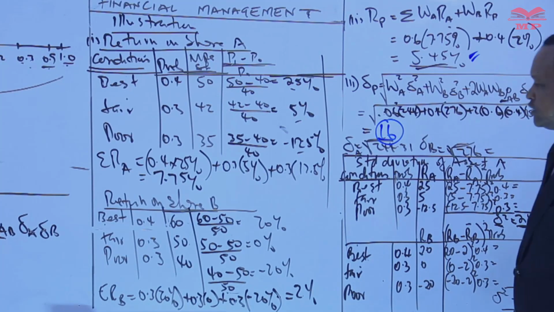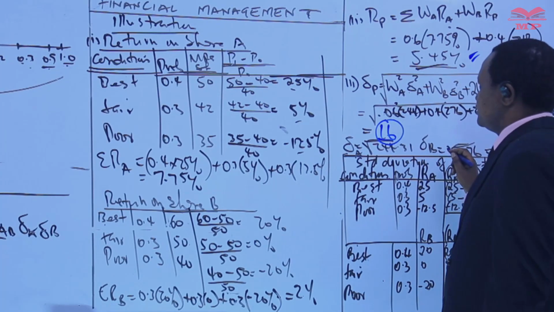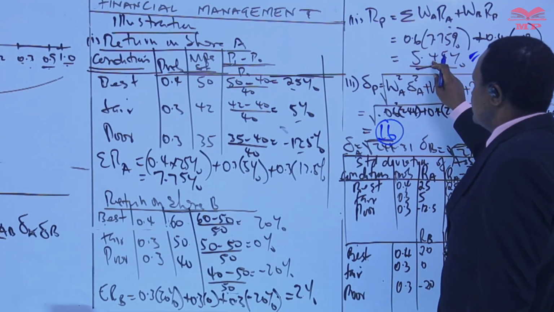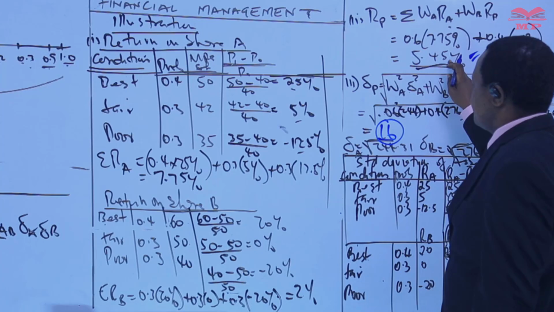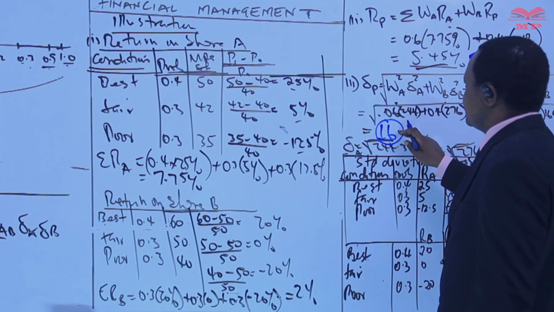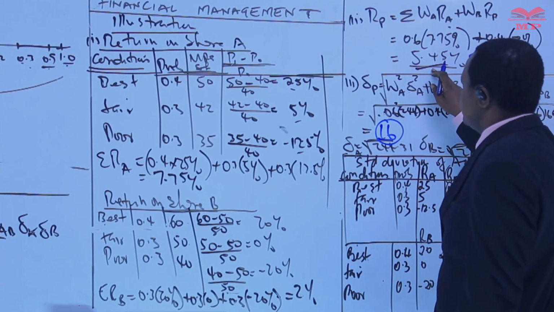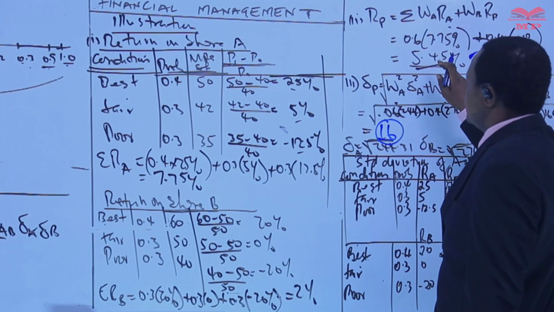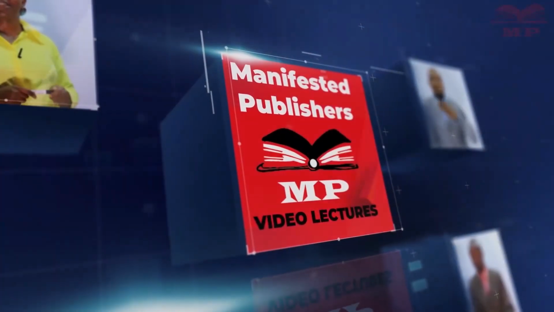It can fluctuate by 16 points from the expected return. The expected return of this portfolio is 5.45. So it can fluctuate by 16%, or 16 points, from the mean, which is the expected return from this portfolio.